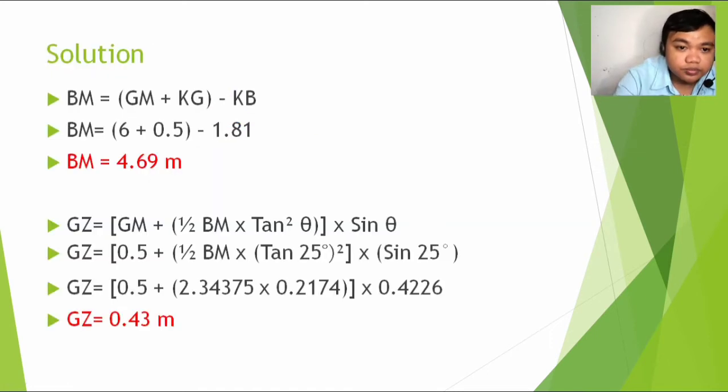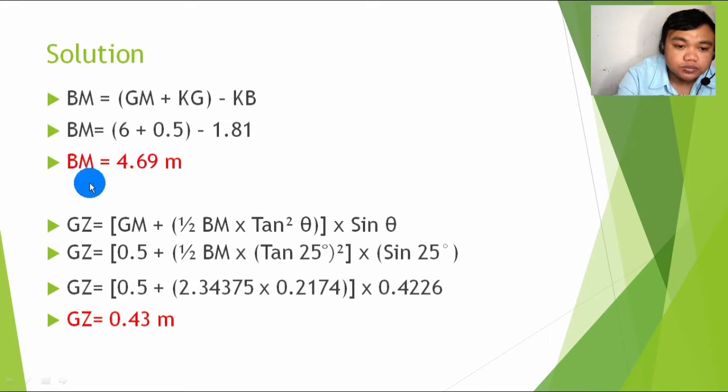So again, we have GM plus KG in order for us to obtain the value of KM. Then after obtaining the value of KM, which is 6.5, it will be subtracted from the value of KB. Then that will be the BM or the metacentric radius.